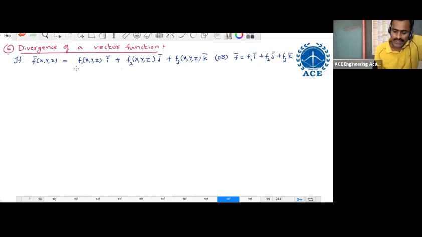Both are the same, the same vector in short form. It is a vector function.